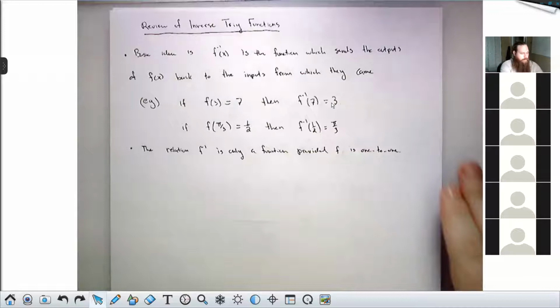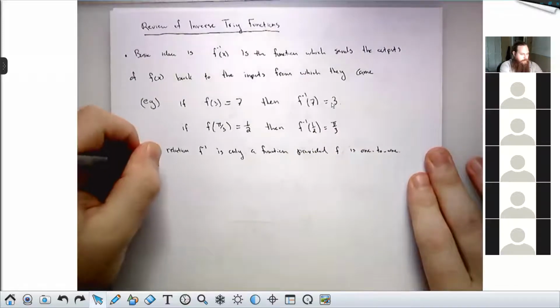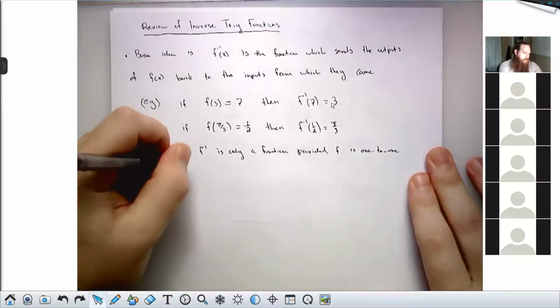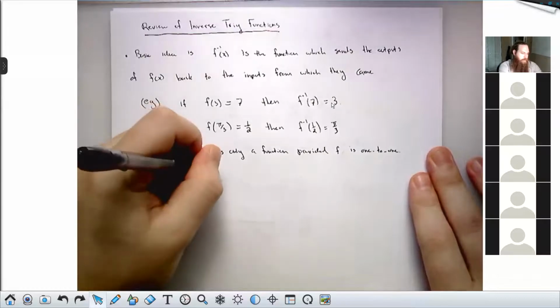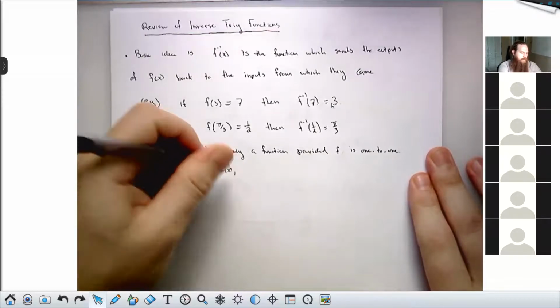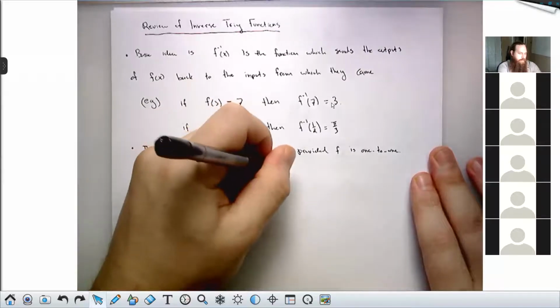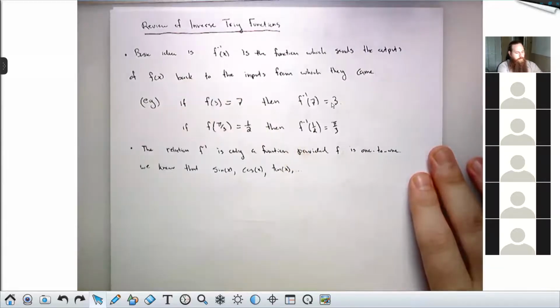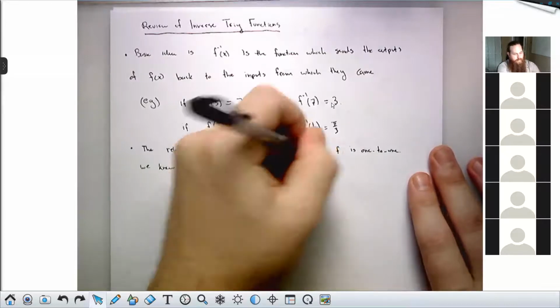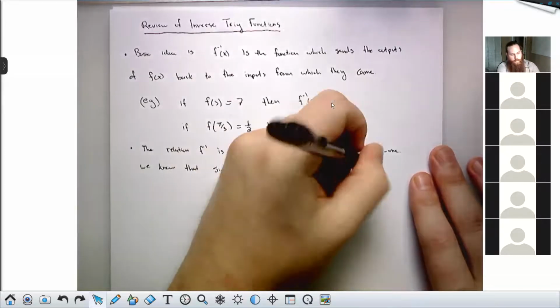And we know that sine, cosine, tangent, all the trig functions are not 1 to 1.